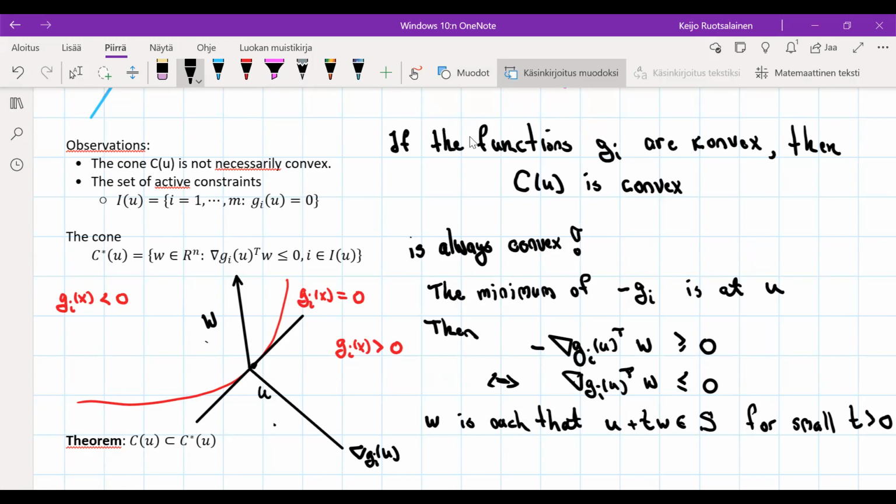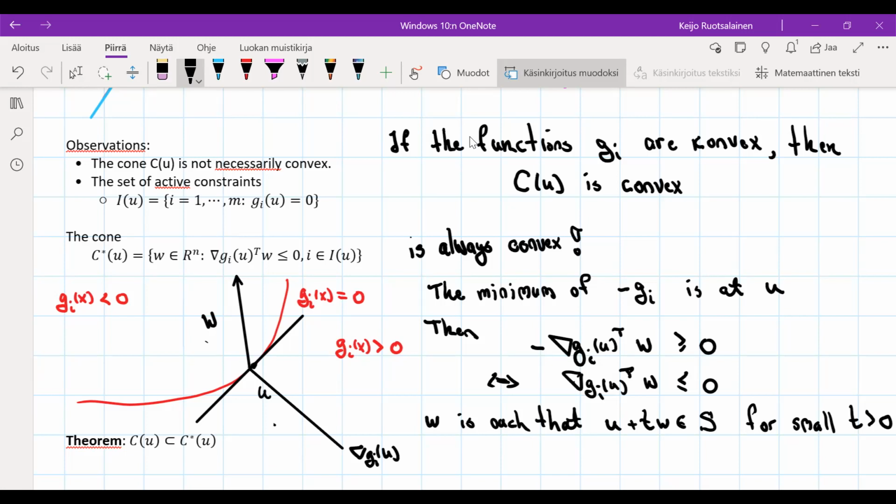So in the convex case, it's clear that this cone C star of u coincides with the cone of feasible directions. Because I know, for example, in this regular case, that the cone of feasible directions is the half space over here.